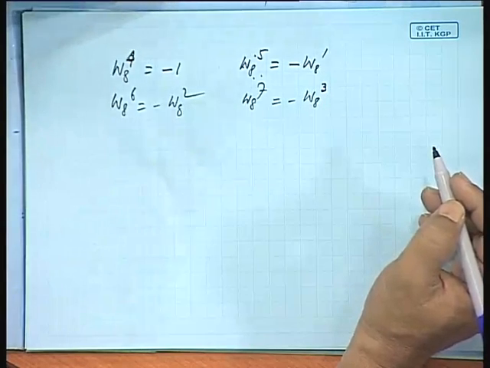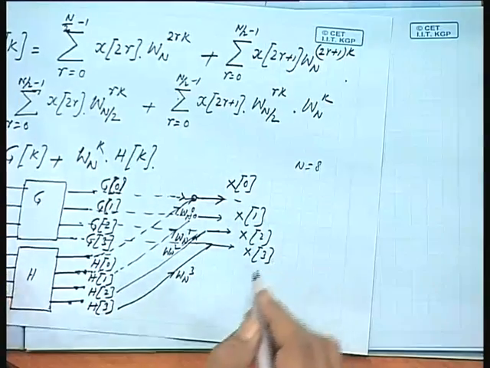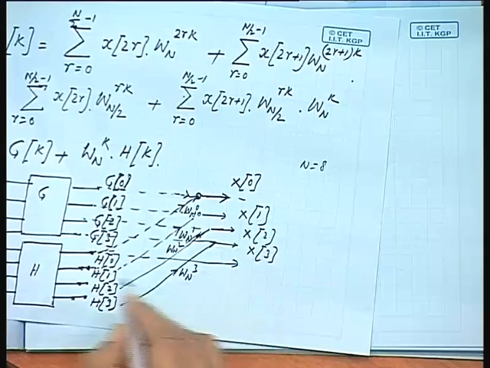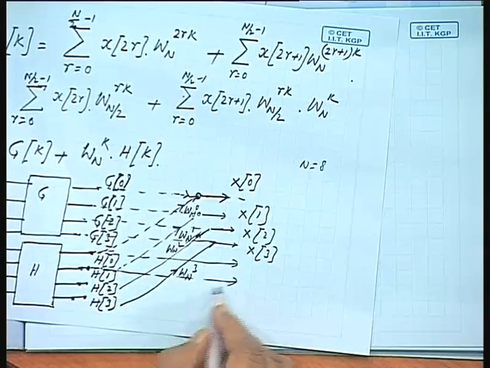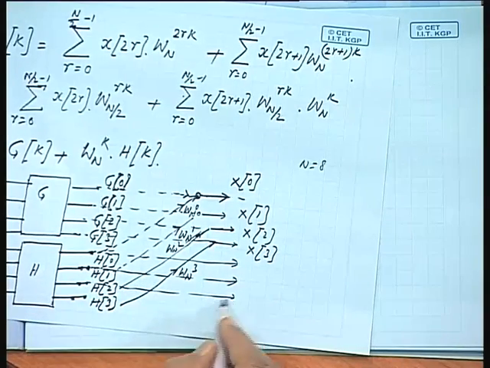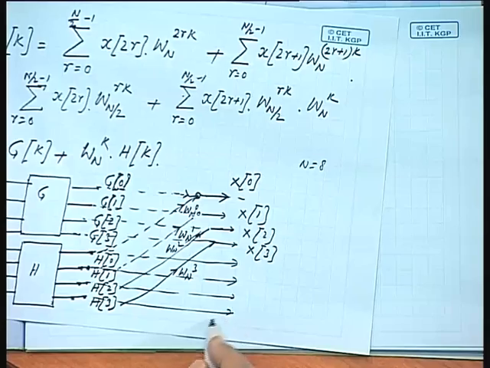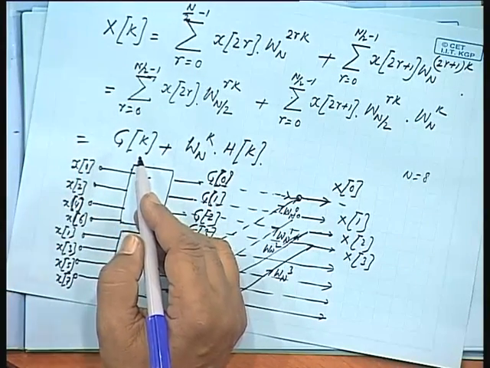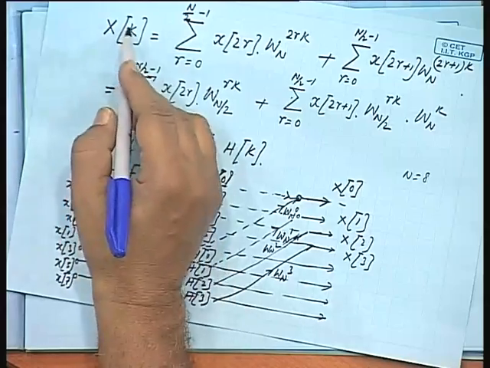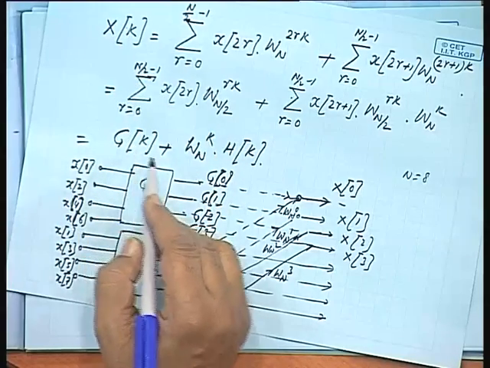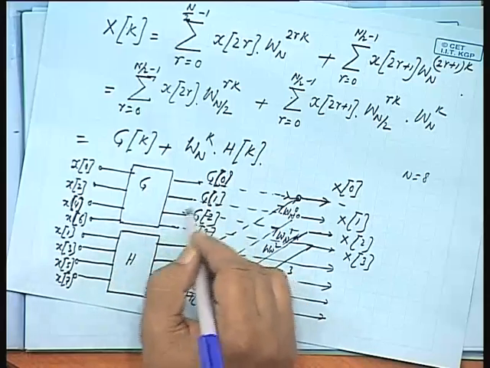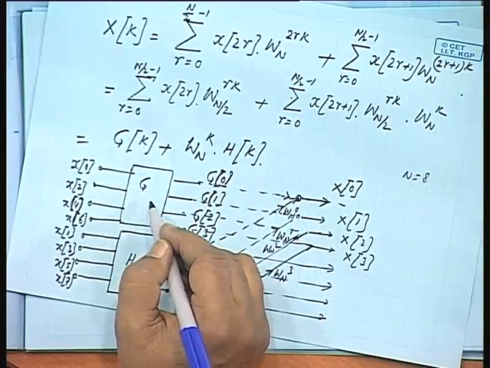Therefore, I can have the same combinations. Mind you, here for computation of k, k is not beyond 4, k cannot be computed beyond 4.